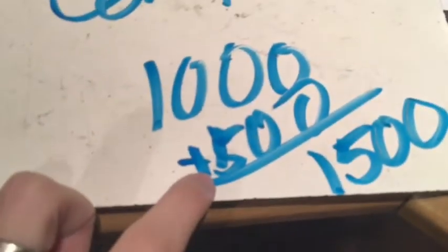Then you would have $500 added to that, so you had 1,500. The key difference is, in a simple interest equation, you would simply keep adding $500 each year. But because we're talking about compound interest, our new initial for that second year is going to be 1,500, and then we'd have to multiply that by our rate of change.